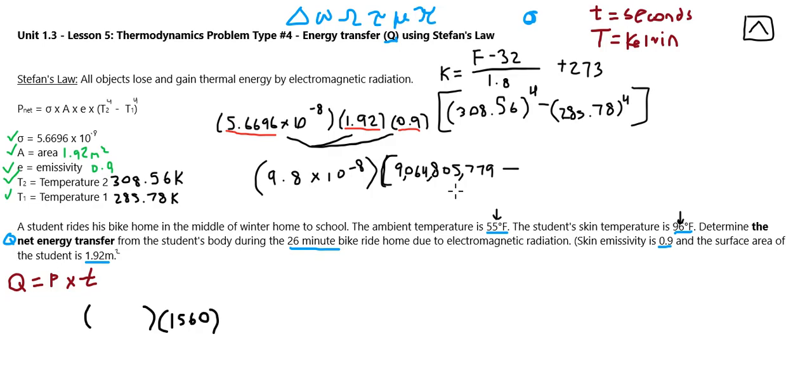Then we have to do 285.78 to the 4th power. Once again, big number. We get 6,670,022,940.